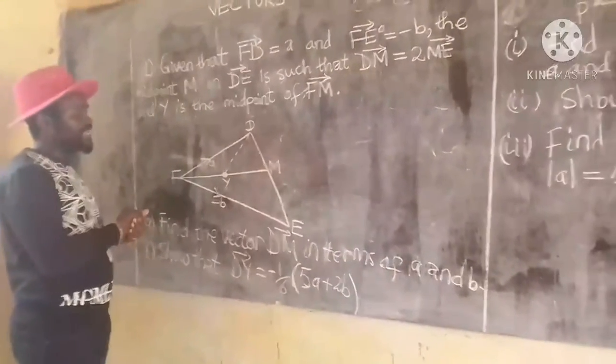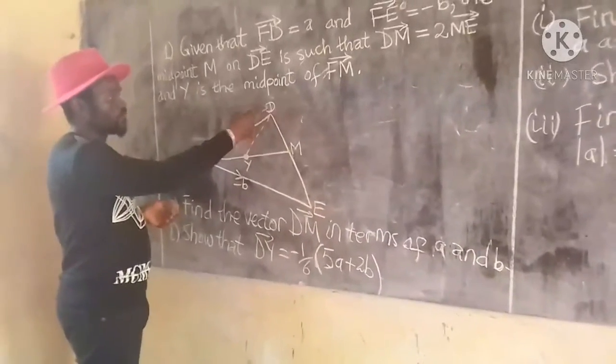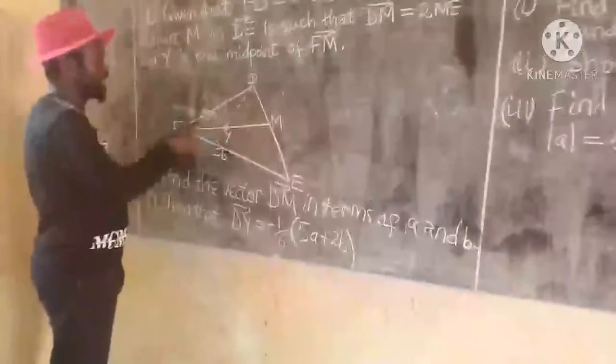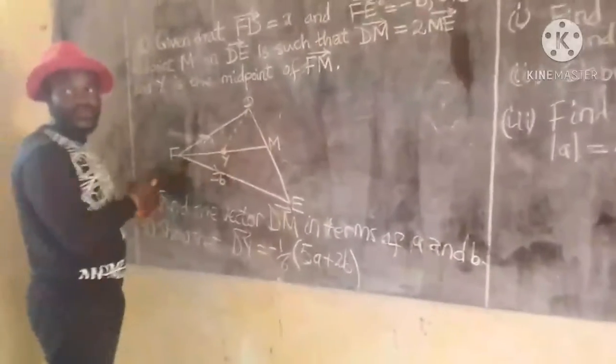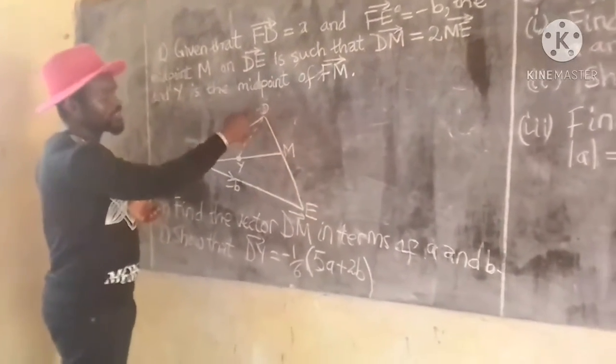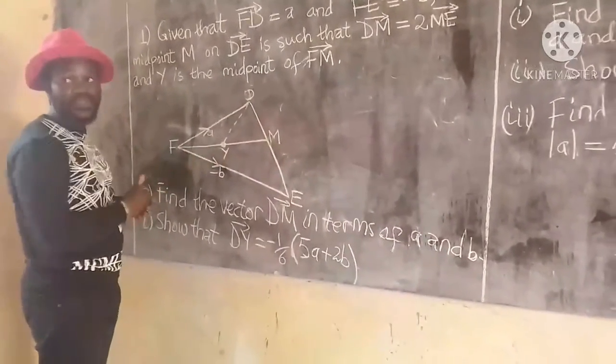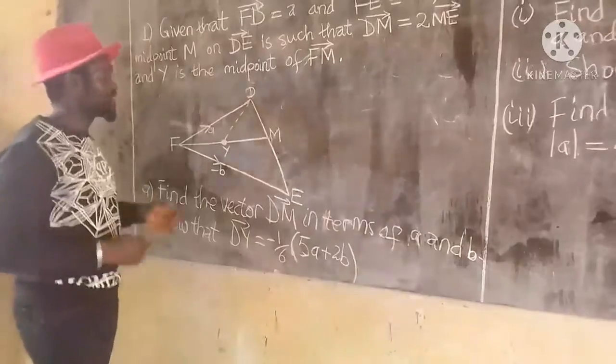So we can move in this direction. We can take F, D, and what? D, M. It's going to give us F, M. We move F, D, and D, M. We are going to get our word at F, M. Is that okay? So let's write it that way.